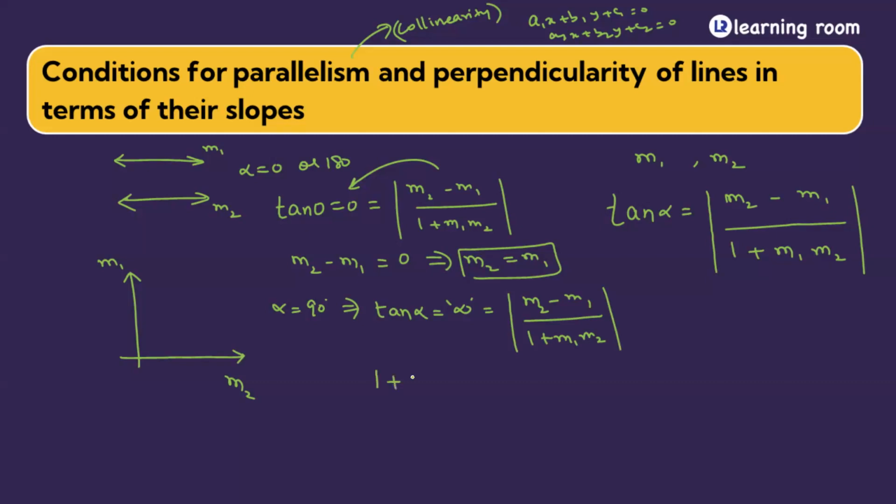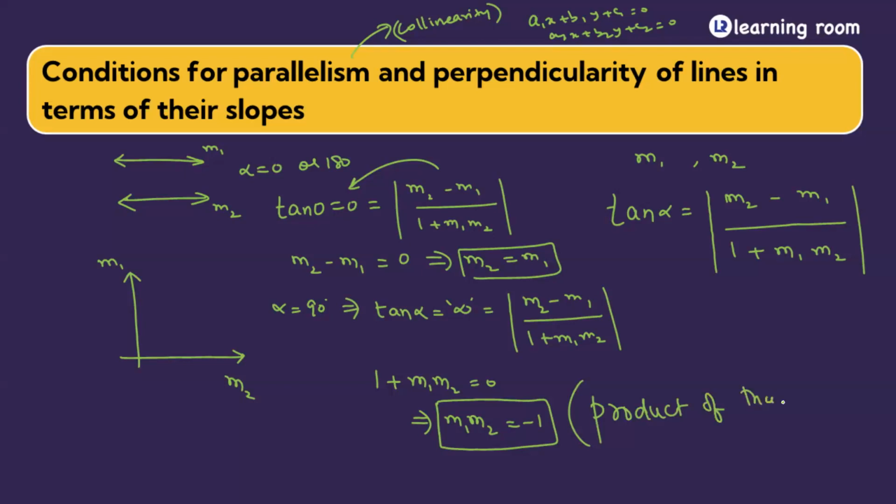So 1 plus m1 m2 is equal to 0, or m1 m2 is equal to minus 1. This is a very, very important condition to be remembered. If two lines are perpendicular, then the product of their slopes is minus 1. Am I clear with this? Just make a quick note of this.